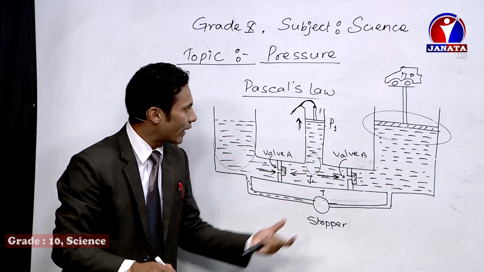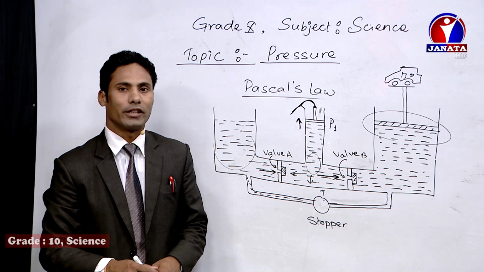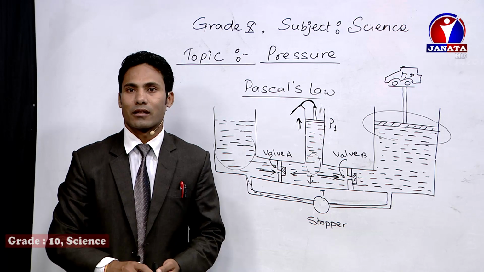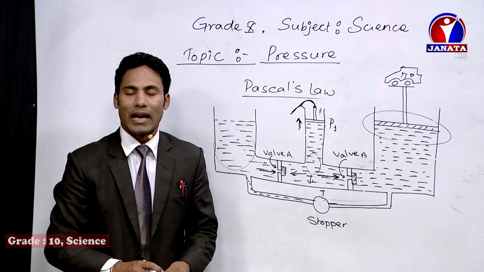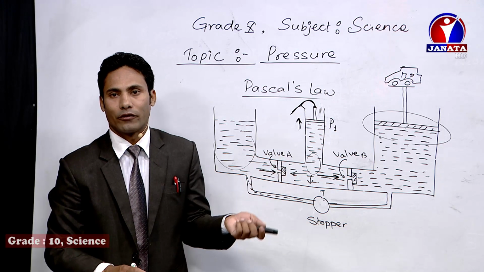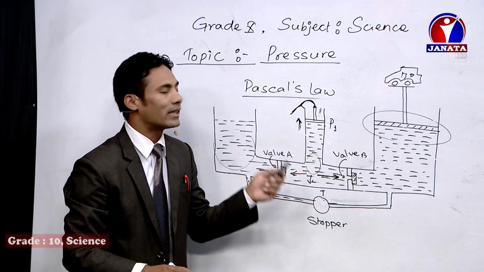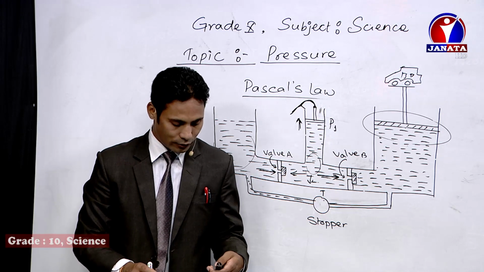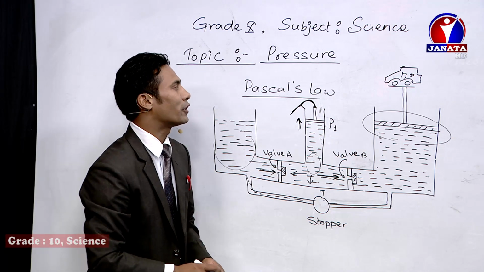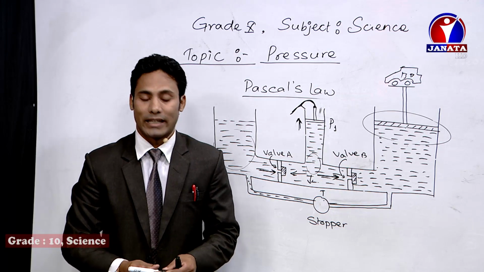So in this way this hydraulic garage lift works, and it is especially used for the maintenance of vehicles, right? You might have seen it for cleaning cars at a car service center, where these hydraulic garage lifts are used. So this is also an application of Pascal's law in our day-to-day life.